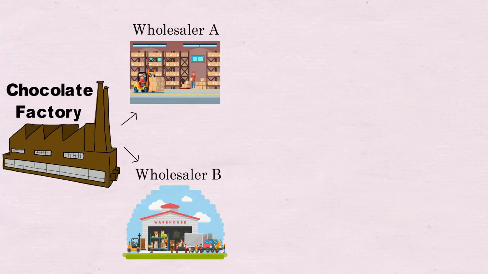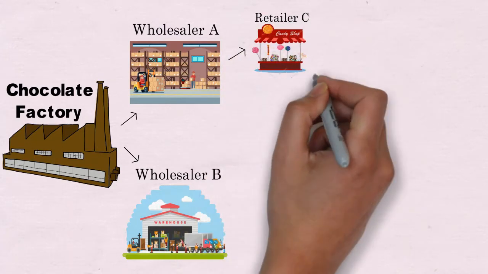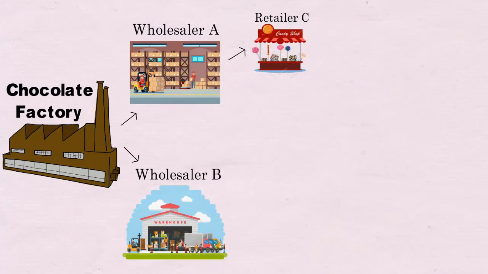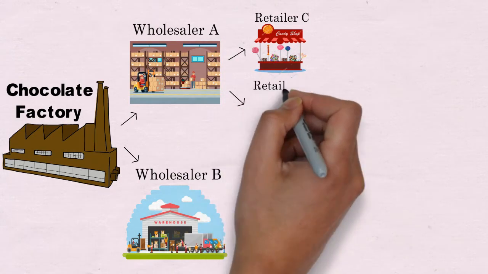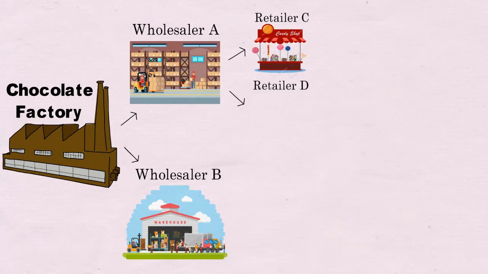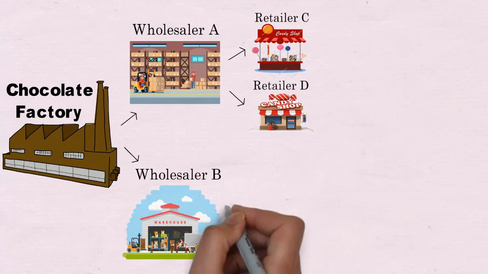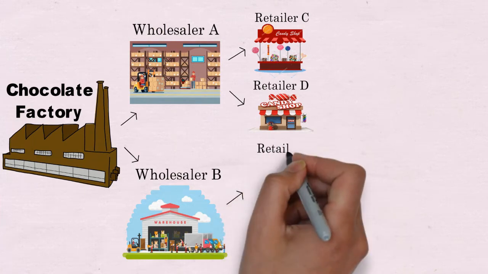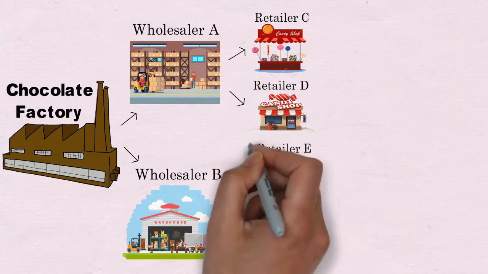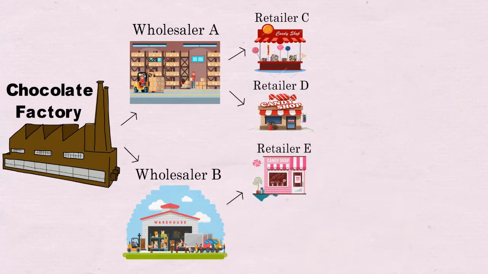So wholesaler A purchases from the chocolate factory and then sells it to retailer C and retailer D in comparatively smaller quantities. Similarly, wholesaler B, who has also purchased chocolates from the chocolate factory in a large quantity, sells his chocolates to retailer E and retailer F in smaller quantities.